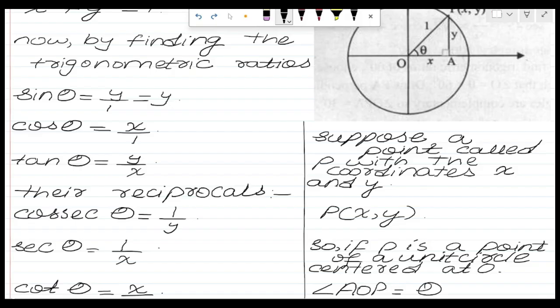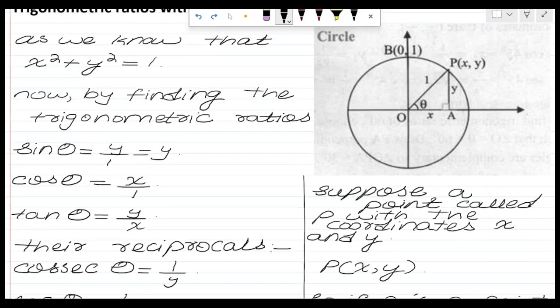Now, as we know, we have supposed a point called P with the coordinates x and y, as I have written here, and if you look at the figure, that is also shown. But what is the exact value of x and y? Like we found in the trigonometric ratios, sine theta was equal to y while cos theta was equal to x.